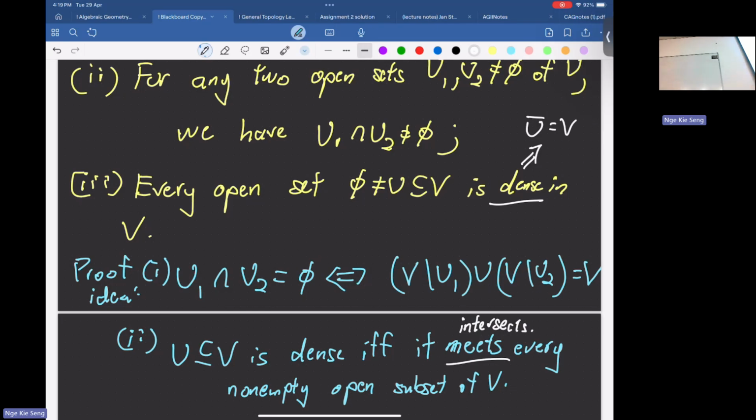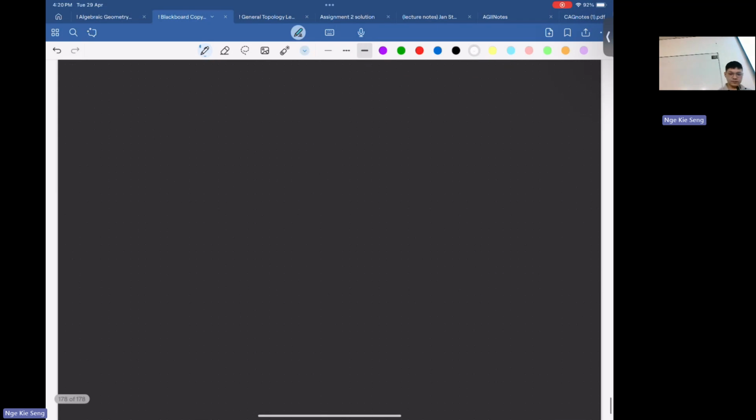So if a set is dense in one set, then this U will intersect with every non-empty open set. It's important to say that this open set is non-empty, because the empty set is open. Probably we need this later.